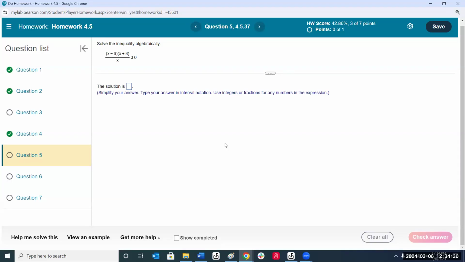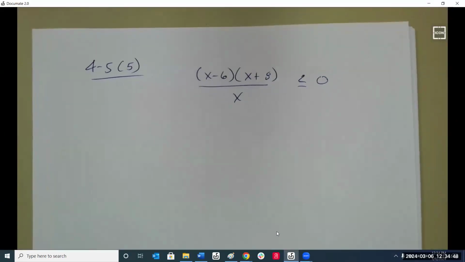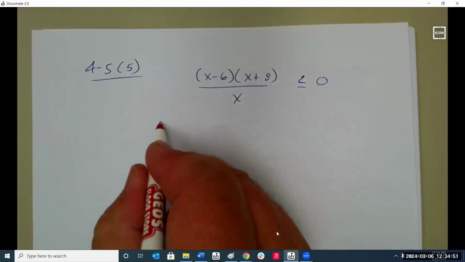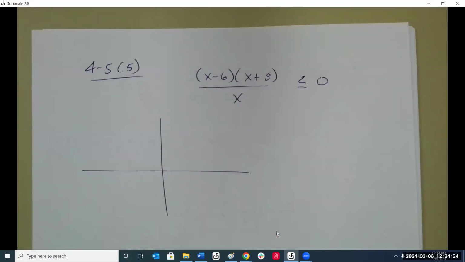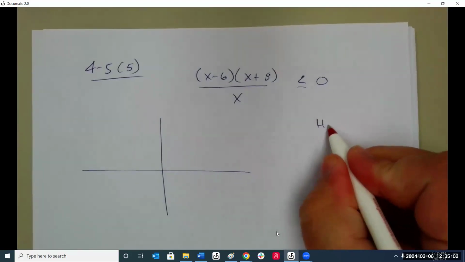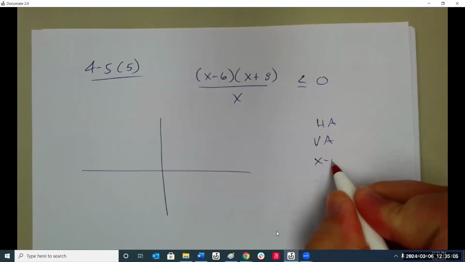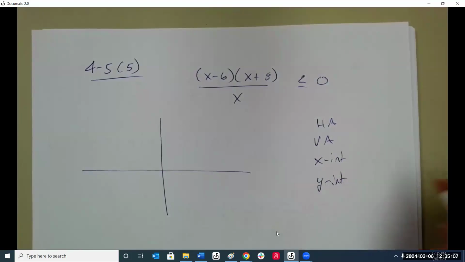This is 4, 5, number 5. (x minus 6)(x plus 8) over x less than or equal to 0. So how do we graph this equation? The horizontal, the vertical, the x-intercepts, the y-intercepts.